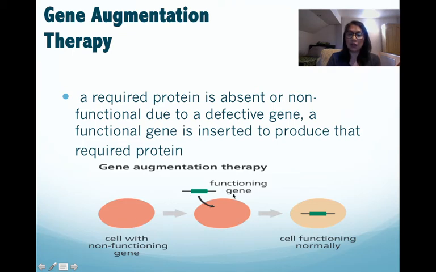A functioning gene is now inserted into the cell, so that the overall result will now be a cell that functions normally. So that is brought about by the insertion of a functional gene. That is what we call gene augmentation therapy.